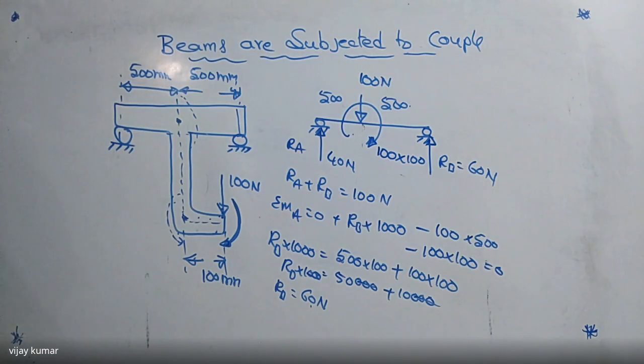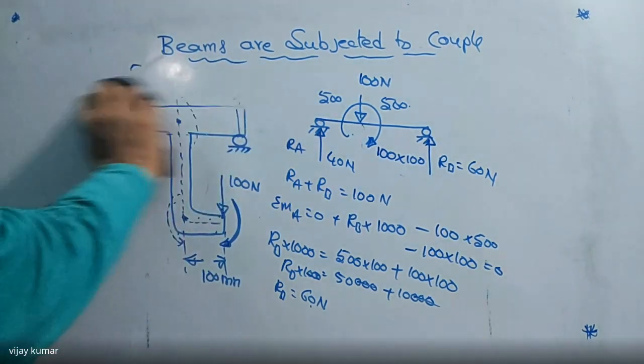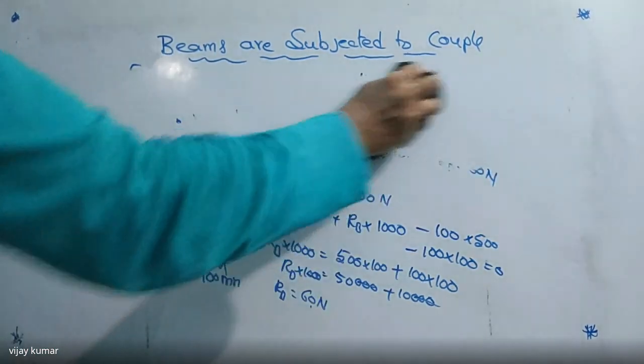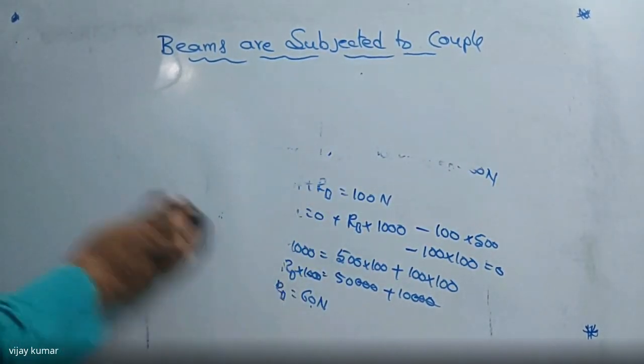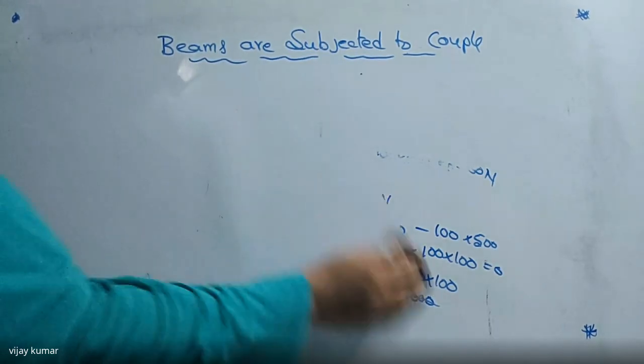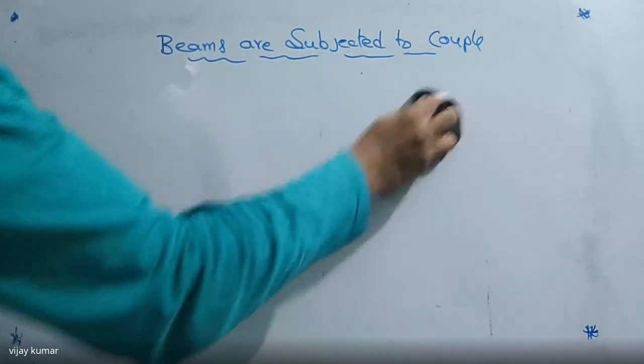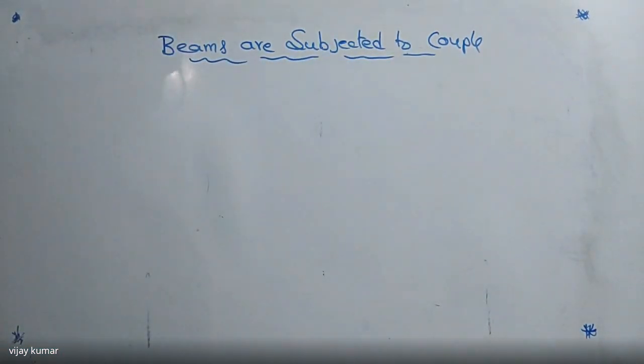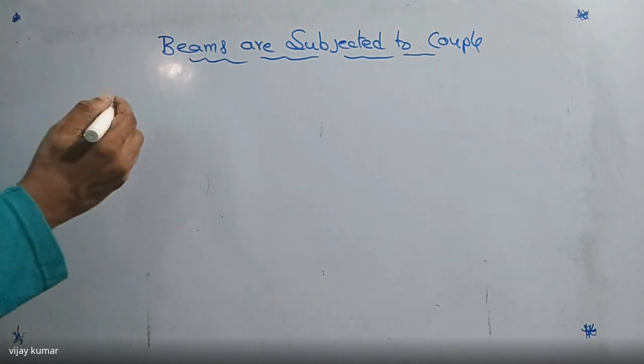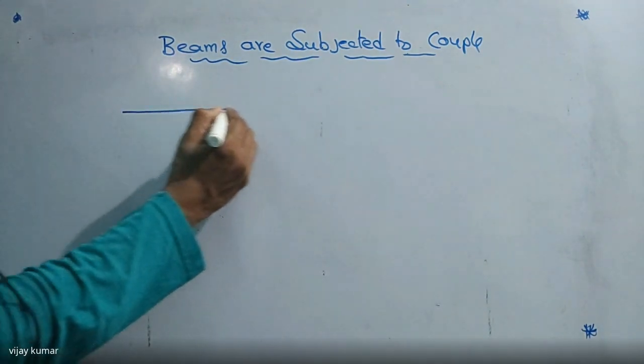So now I'm going to draw the bending moment diagram for this one, using the free body diagram. Listen carefully here. This type of question is very important, and from the GATE point of view, they're asking it repeatedly now. This is the free body diagram.